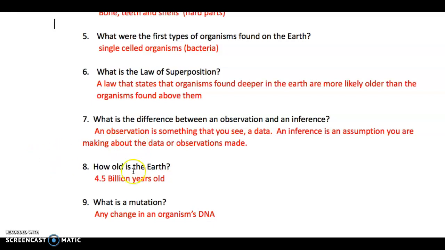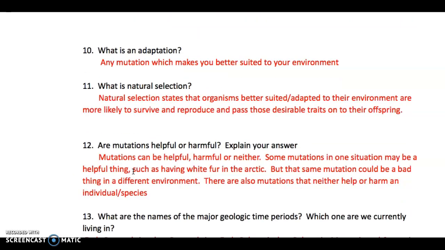Okay? All right. Number 10, what is an adaptation? Well, any mutation that makes you better in your environment is an adaptation. And the same mutation may not be an adaptation in a different environment. We talked a little bit about brown deer in Pennsylvania. Being brown is an adaptation.